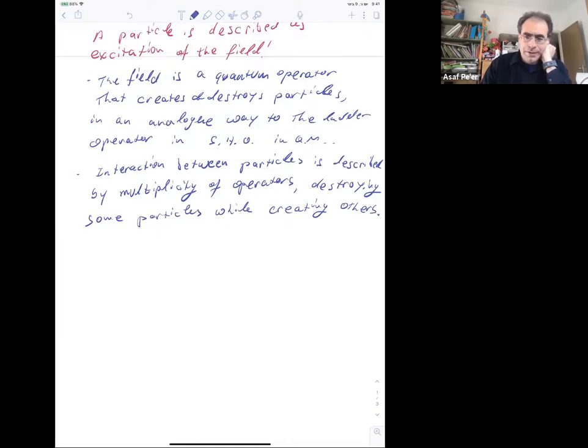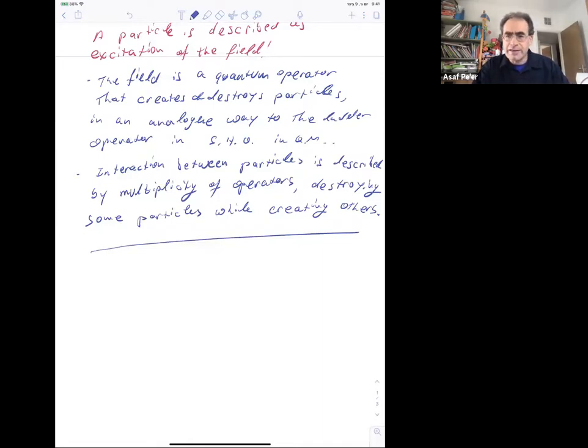A classical example is the electromagnetic field. If there are no photons, we say that the field is in the ground state. The first excited state corresponds to a single photon, which has a well-defined momentum.